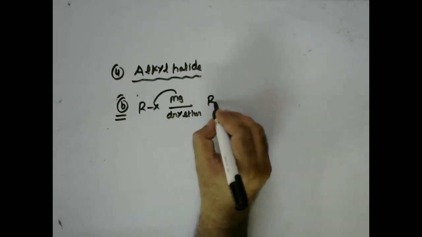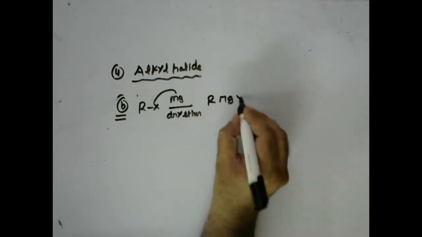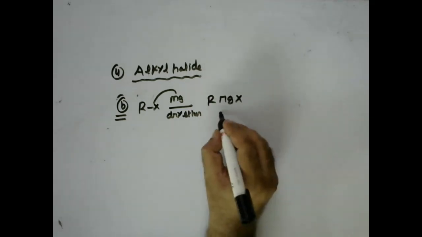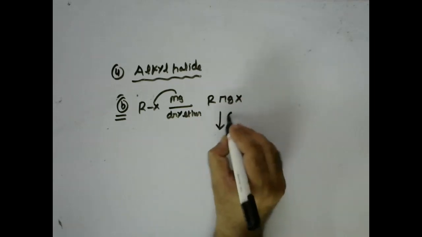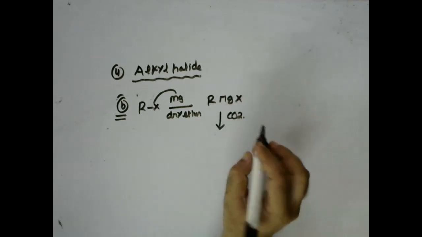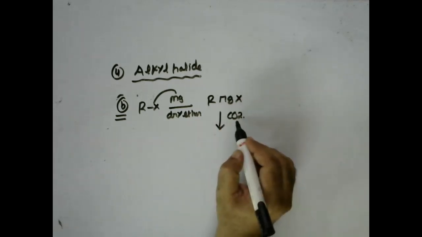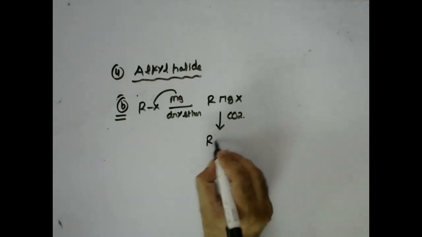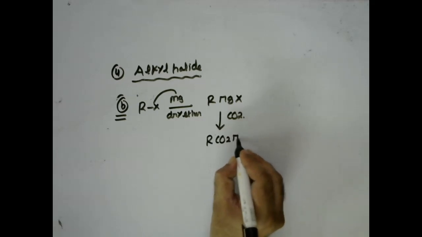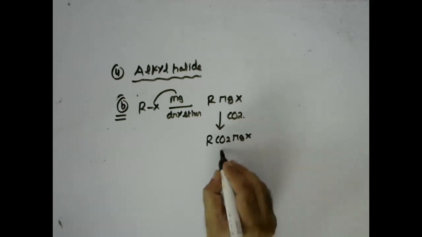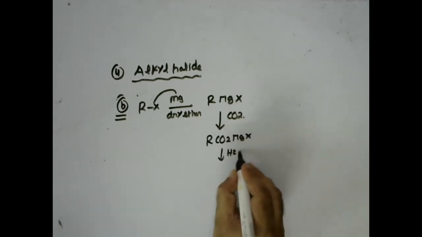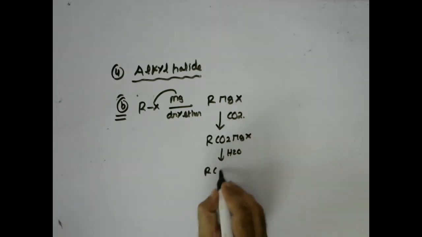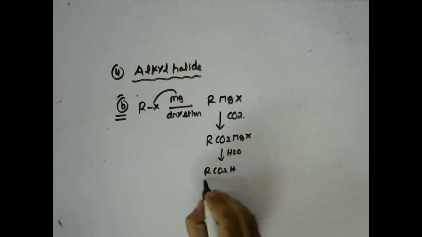You get a useful compound RMgX, that is a Grignard reagent. Then you react it with carbon dioxide. This will undergo nucleophilic addition reaction with carbon dioxide. Carbon dioxide is going to add up over here. You will get RCO2MgX. Then you hydrolyze it with water, H2O. You will get nothing but the formation of carboxylic acid.